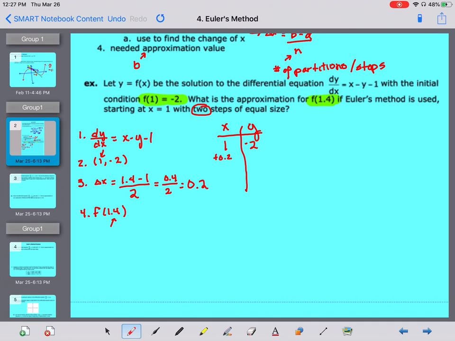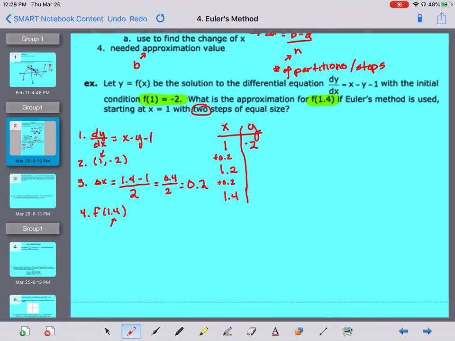So if I add 0.2 to that, I'm going to get a 1.2. If I add 0.2 again, I'm going to get a 1.4. And I should be at the point that we're trying to approximate because we did say 2 steps. So from here to here is 1 step, and then from here to here is another step.